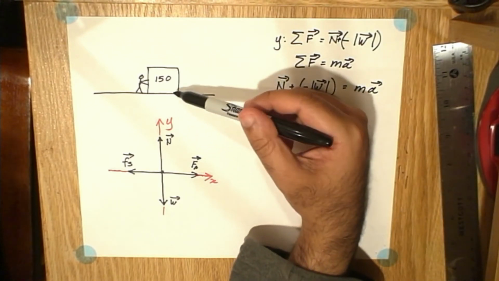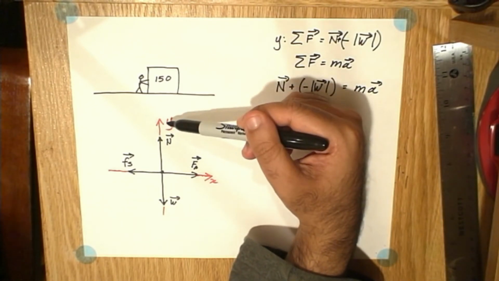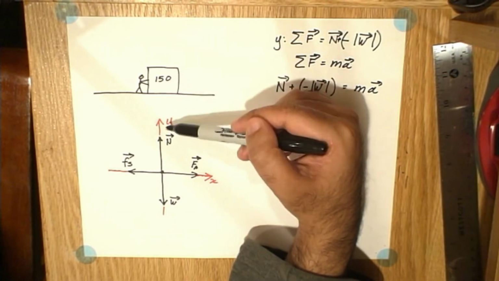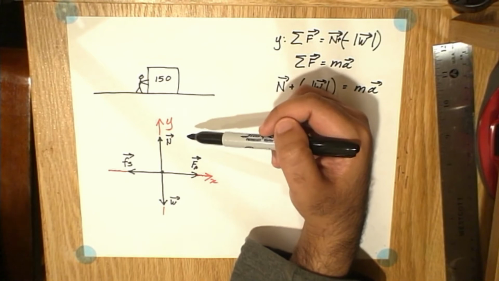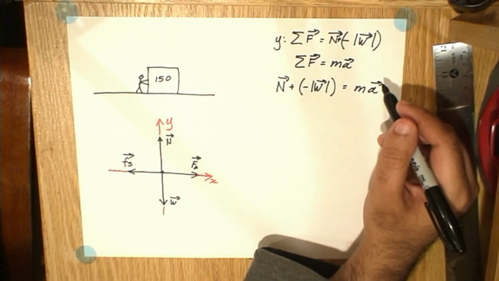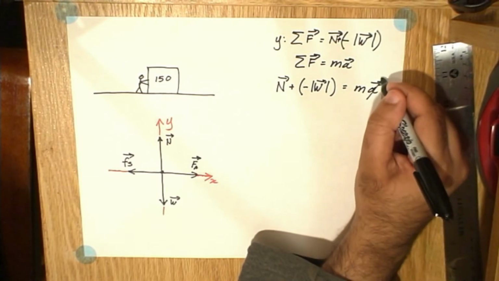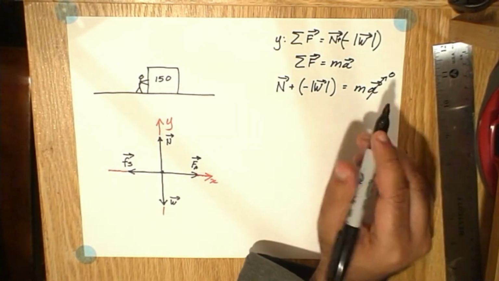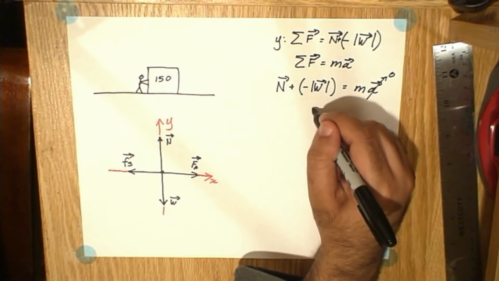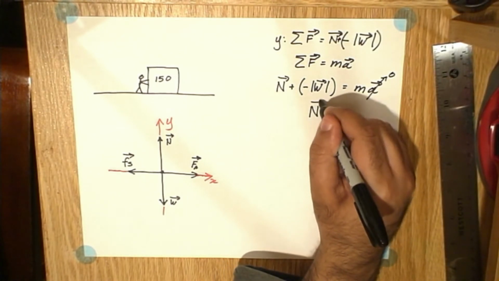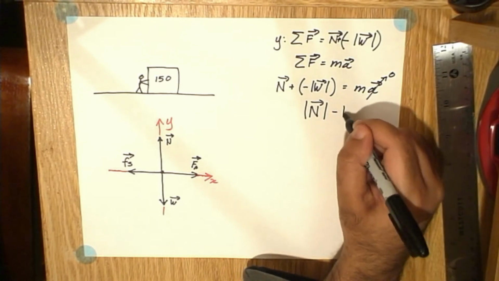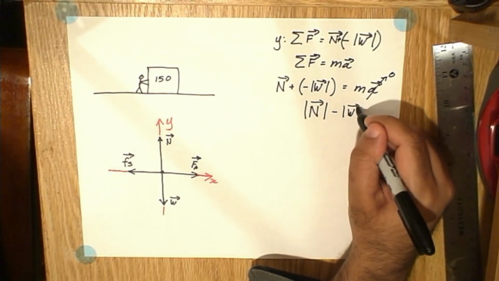Now, the object is not collapsing into the ground, and it's not levitating off of the ground. It isn't moving at all in the y direction. And so that means its acceleration in the y direction is 0. So normal minus weight must be equal to 0. You can put the absolute value sign, but you don't really have to.